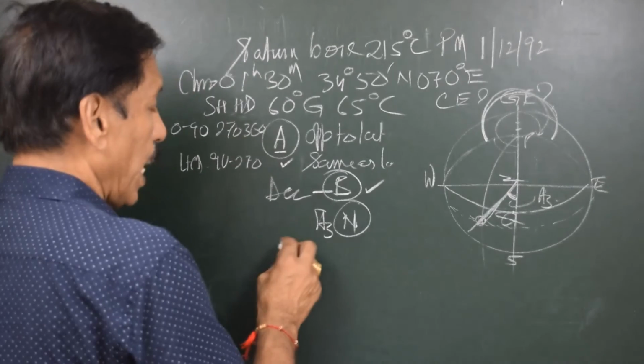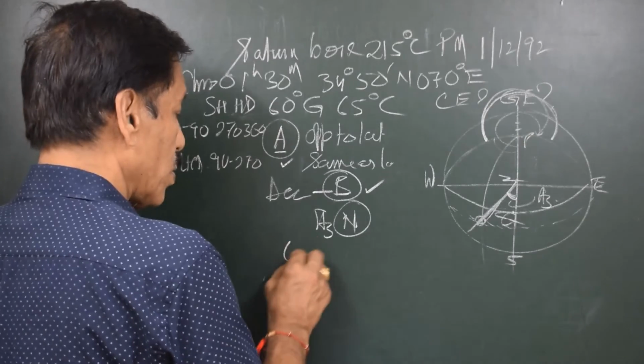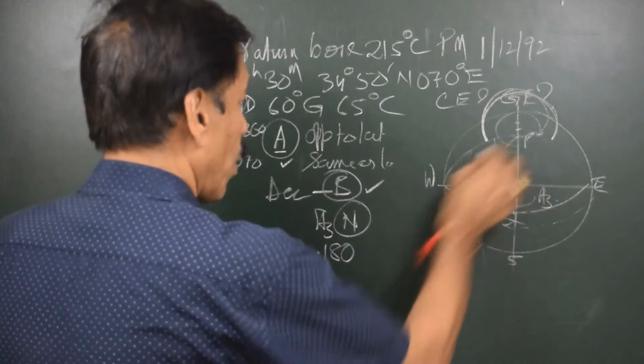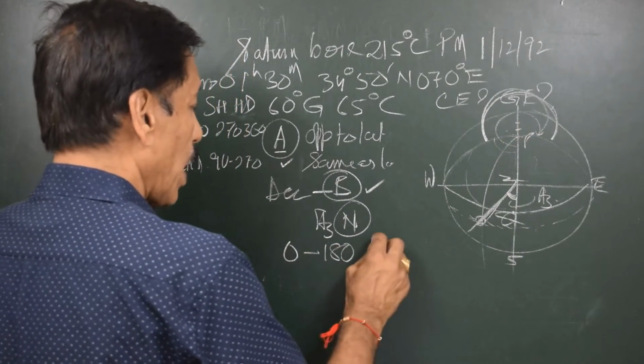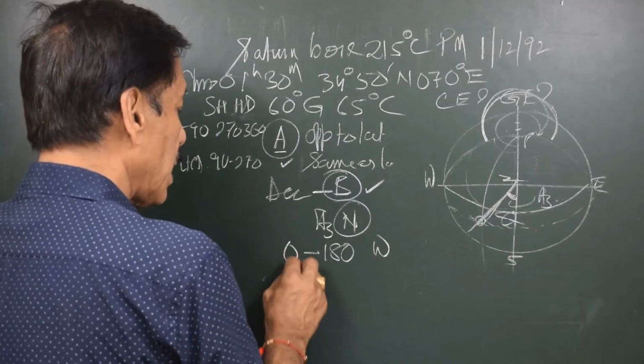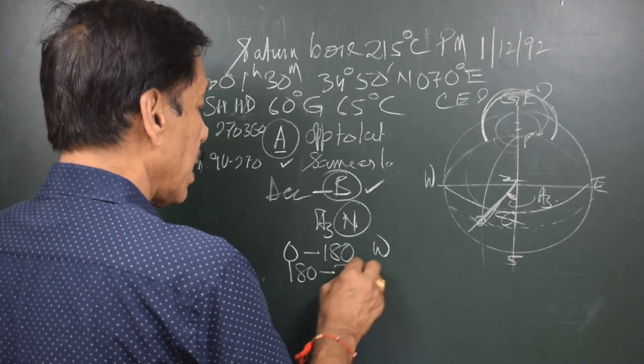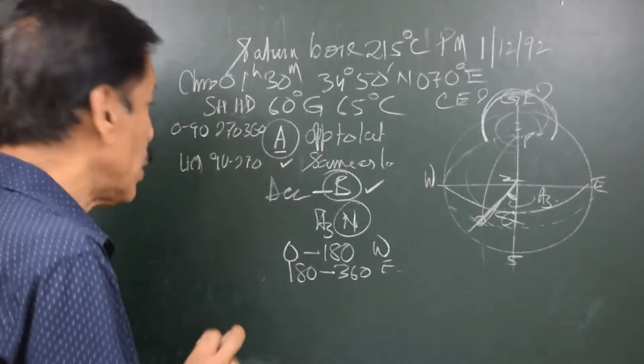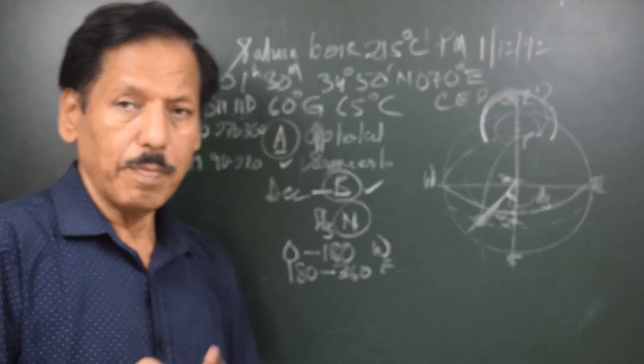And if the LHA is from 0 to 180 range, that means LHA is generally on the west side of the observer's meridian, it will have a westerly name. If the LHA is between 180 and 360, then it will have an easterly name. So I have told you about the naming of A, B and C.